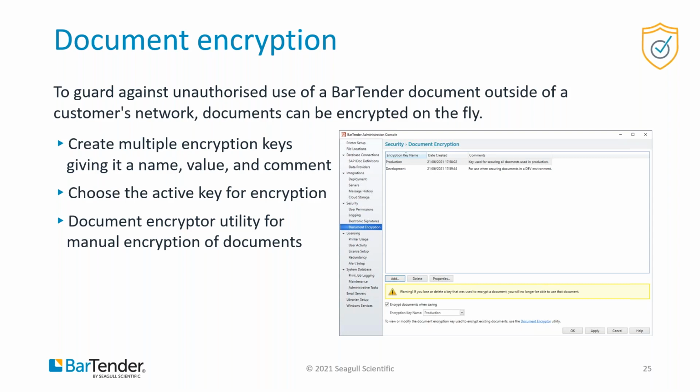If an unauthorized user takes that BarTender document file, the BTW file, outside of the organization and tries to use it for producing print jobs outside of that business, because the document is encrypted and the encryption keys are stored as part of the business's BarTender implementation, the outside use of those documents will be prevented. So it's great for anti-counterfeiting purposes.